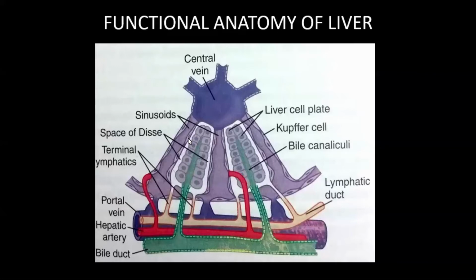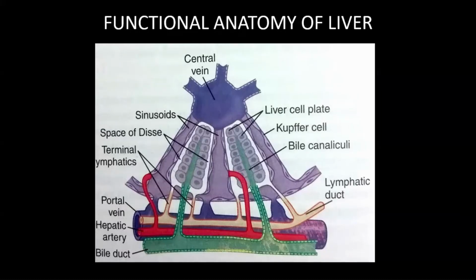In this space of Disse, extra fluid is collected and drained into the lymphatic duct, and through this lymphatic duct, it is drained through the thoracic duct.